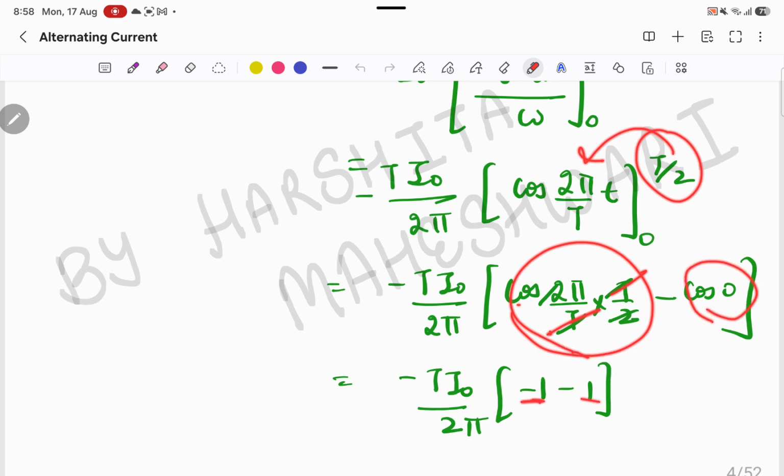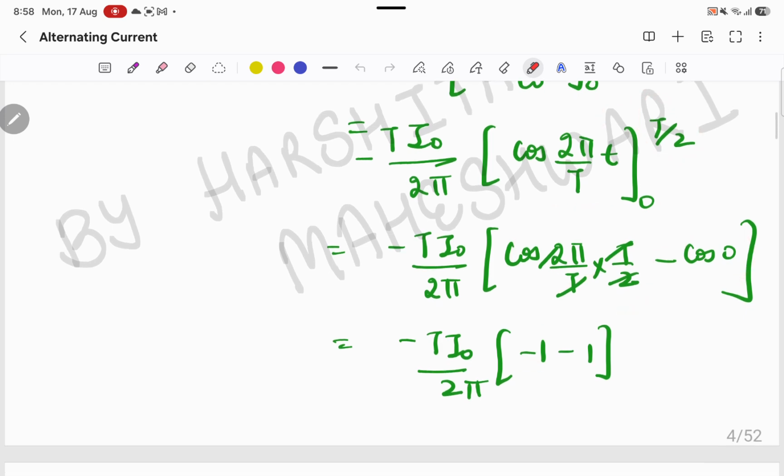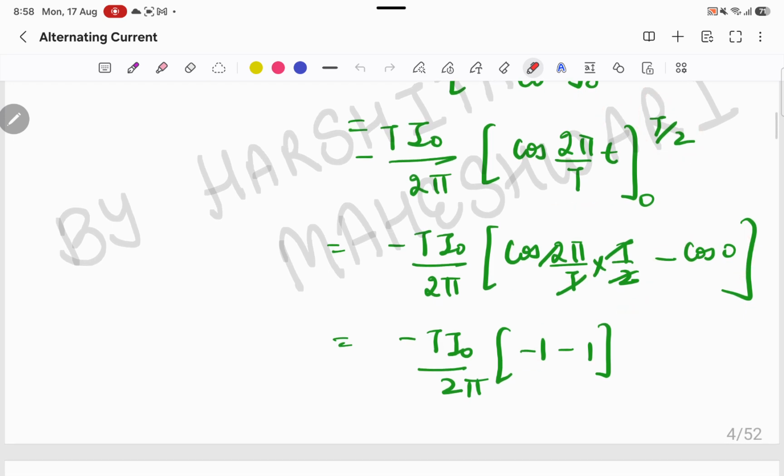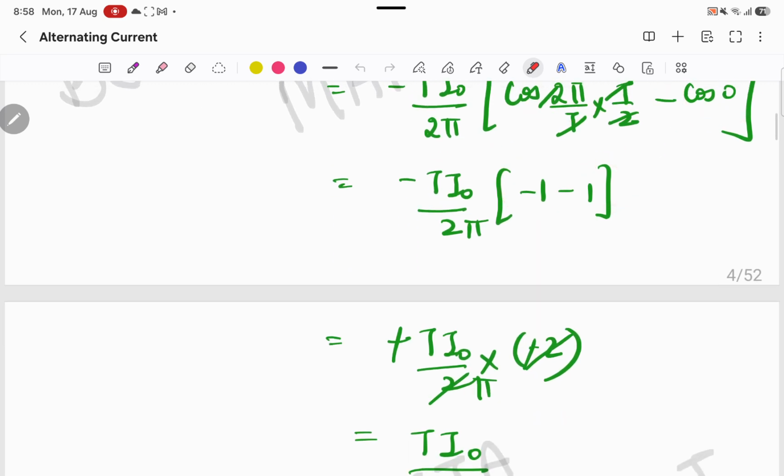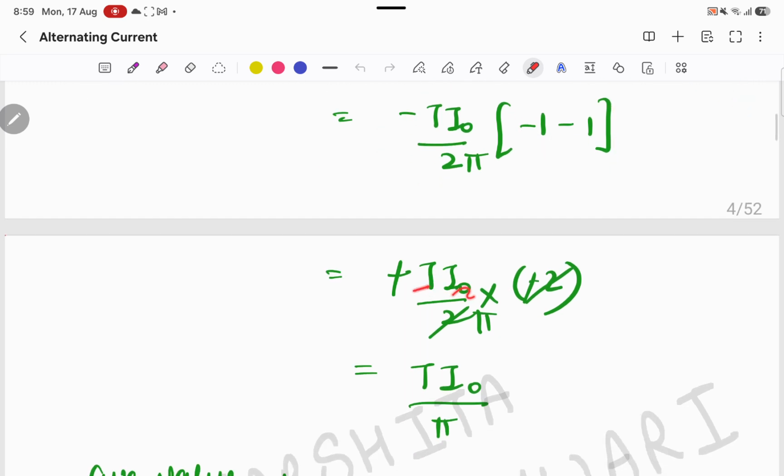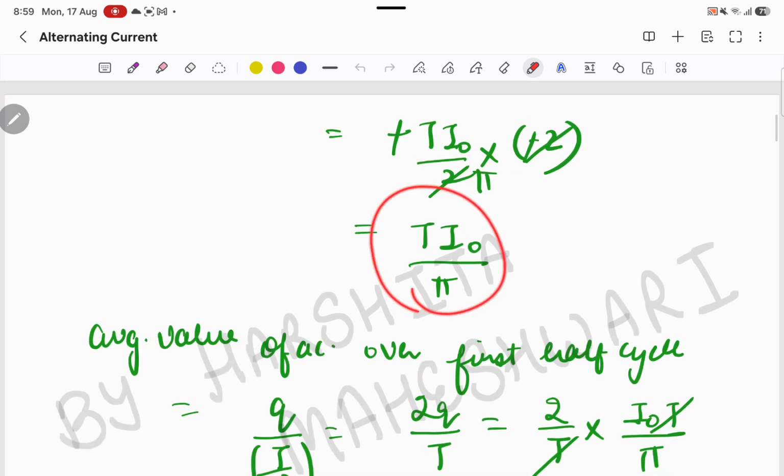Cos 0 is again minus 1. Yes, sorry, cos 180 is minus 1, cos 0 is also minus 1. So the minus and the minus taken from here get cancelled, and we get the answer T I naught by pi. So we are getting the formula T I naught by pi.